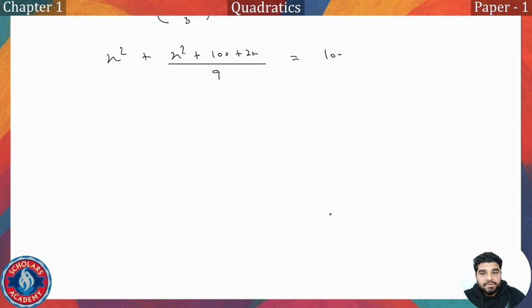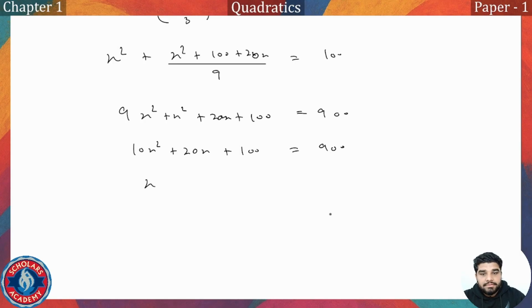So if we take the LCM over here, we get 9x square plus x square plus 2x plus 100 is equal to, we take 9 to the other side, we get 900. Now we get 10x square plus 20x plus 100 is equal to 900.